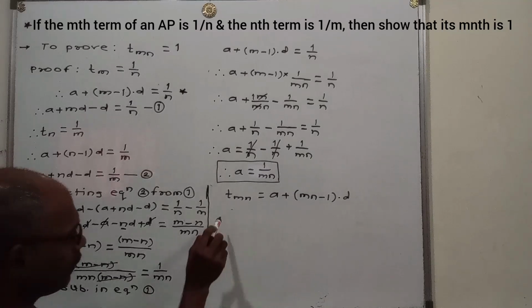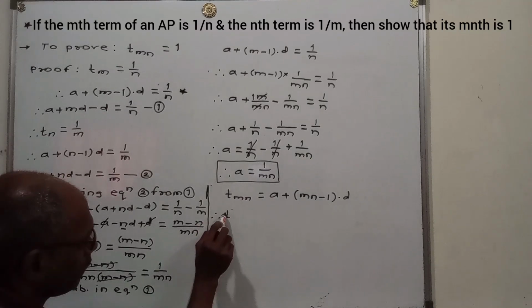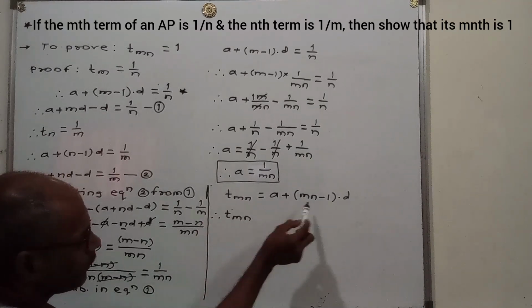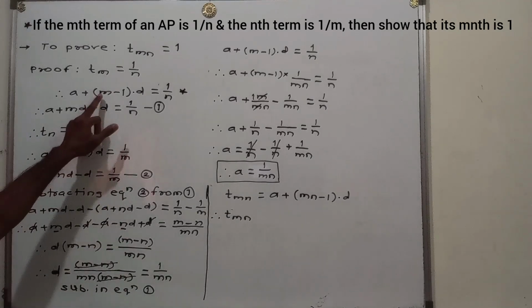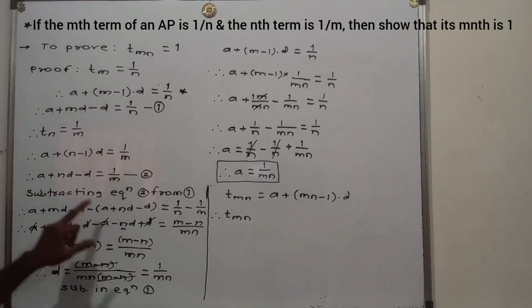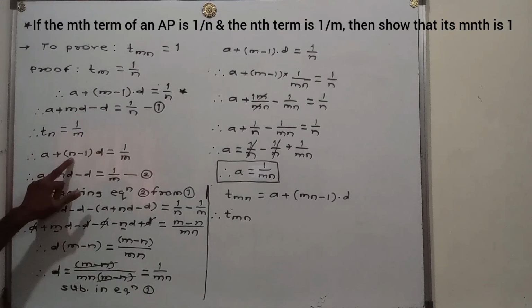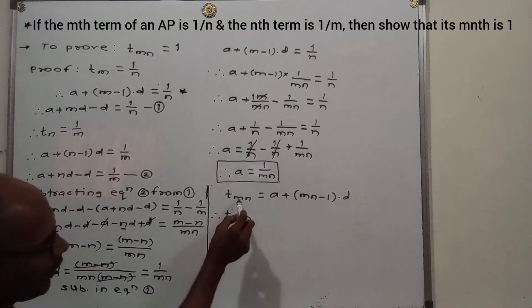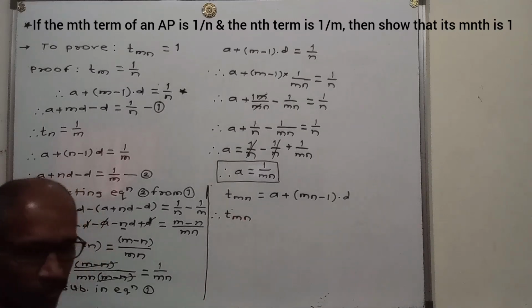Therefore, T_mn, instead of m we write n, and instead of n we write mn.